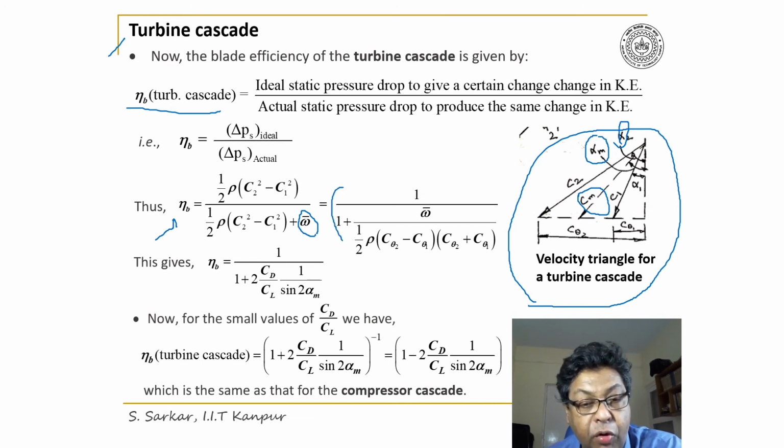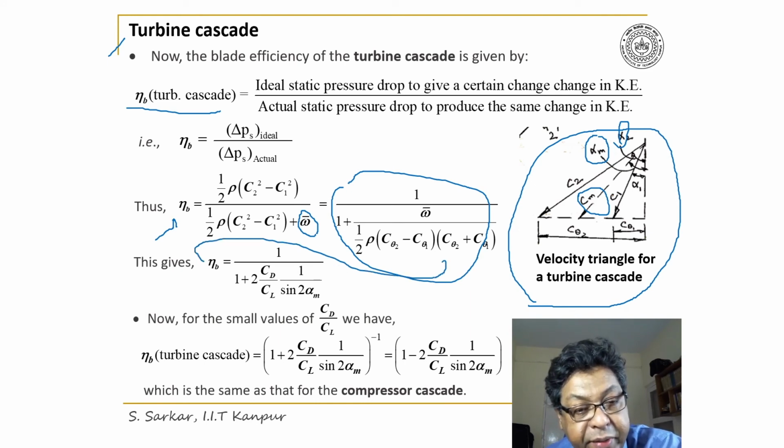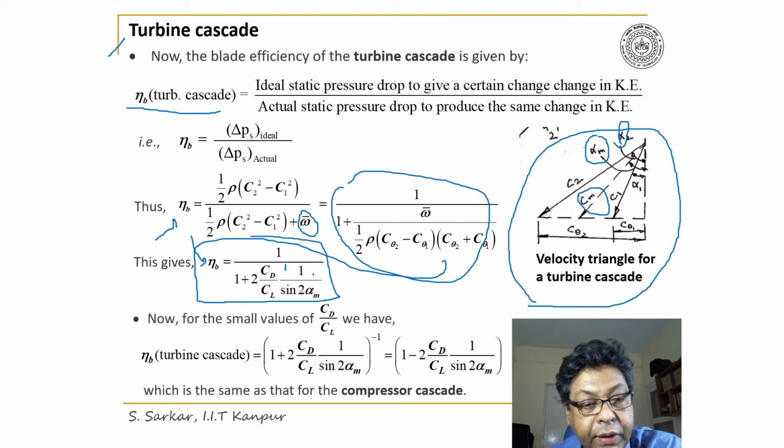Just as before, right? Now, following the derivation earlier, it can be written as eta b equal to 1 divided by 1 plus twice CD by CL, 1 divided by sine twice alpha m. So this is the expression for eta b for turbine cascade.